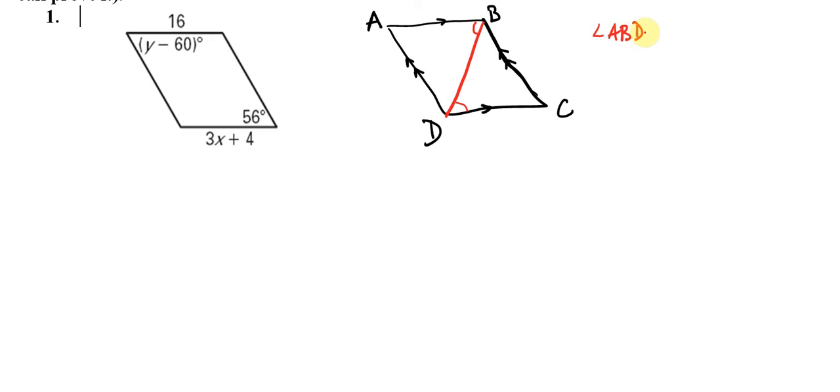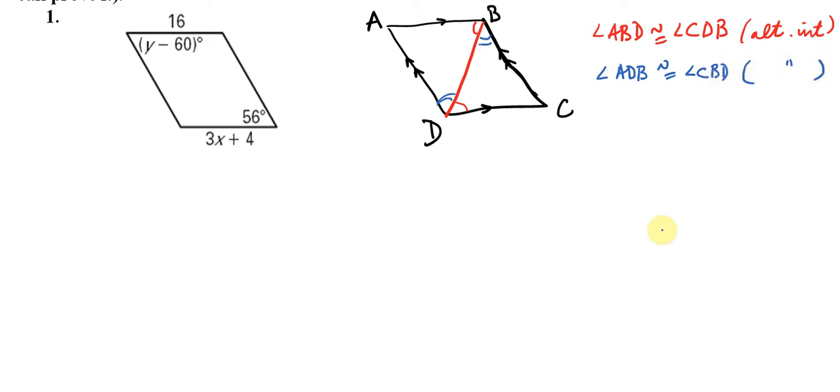So angle ABD must be congruent to angle CDB because they are alternate interior angles, and you have parallel lines. So alternate interior angles theorem. And similarly, let's change up the colors just a little bit here. ADB and CBD are also congruent to each other, for the exact same reason as mentioned above.